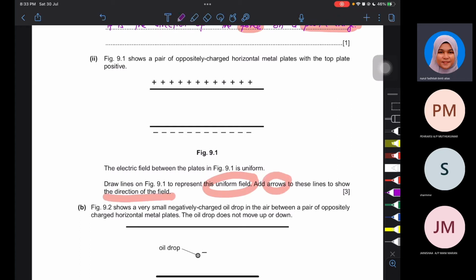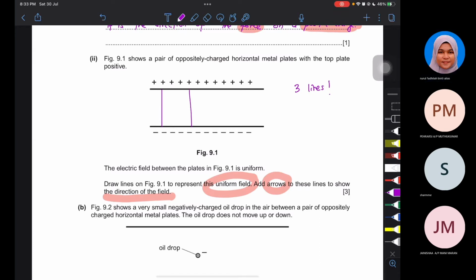So this is not difficult. So you kena tukis at least 3 lines. Jadi, so buatlah line tu and mesti equal distance, ya. Equal distance tu maksudnya dengan mata kasar nampak dia lebih kurang sama besarnya. Jarak ni ke sini lebih kurang sama.